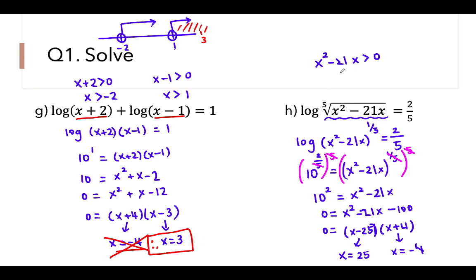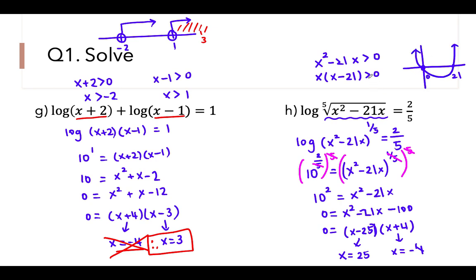So we're going to factor the common factor, so x times x minus 21 is greater than 0. So we know the zeros here: 0 and 21. And it's a positive parabola, so it looks like this.